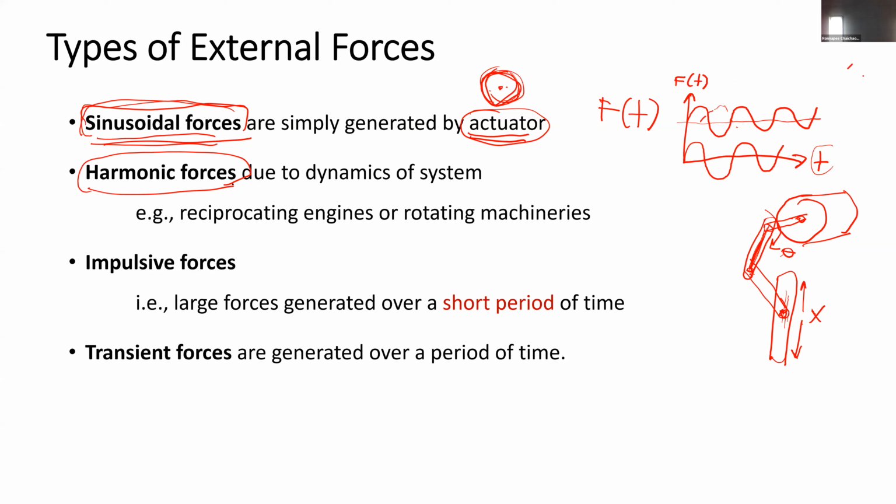A harmonic force means it doesn't need to be a perfect sine or cosine function, but it has a repetitive component or has a period, and it repeats in every period.